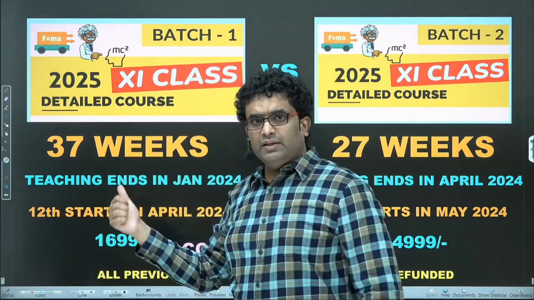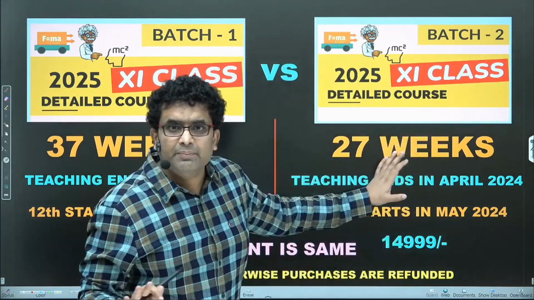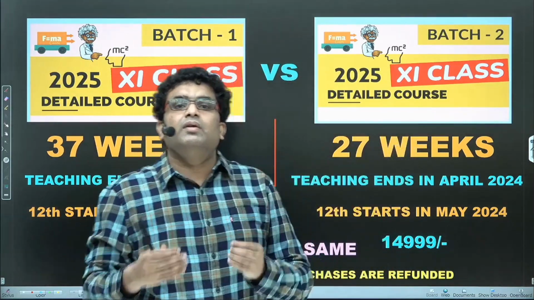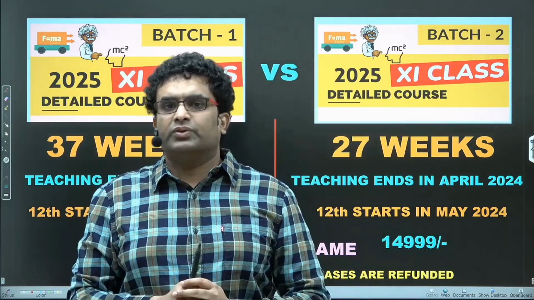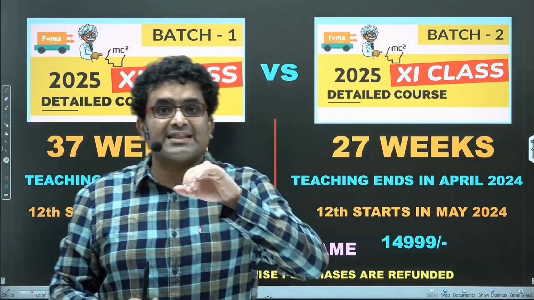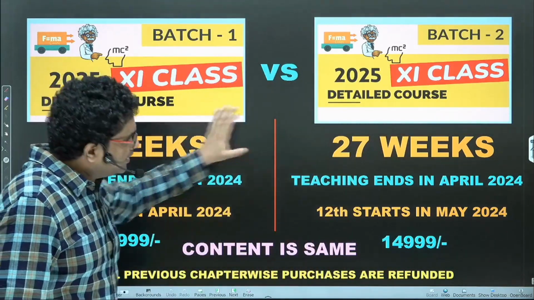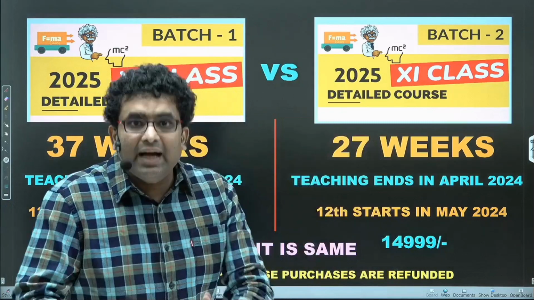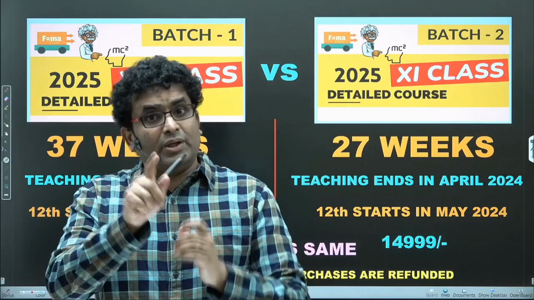The recorded lectures that I'll give for batch 1 and batch 2 are the same, but the problem-solving part and the work that has to be done by the student would be advised to be reduced. I will not give a lesser number of DPPs here. I'll give the entire content that you have in the folders here also, but as an advice I will tell you to leave some part, only in certain chapters.